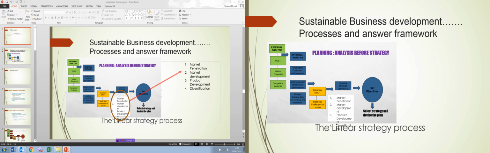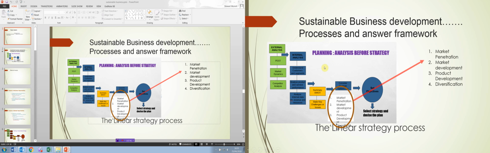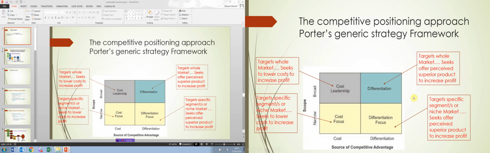Now, in business, there'll be a number of opportunities for you to do this, but what I'm asking you to do is to consider these ones here, and their links with the Ansoff matrix, and I also want you to do Porter's generic framework. So I want you to look at those two processes, those two academic models, as a framework for your answer.